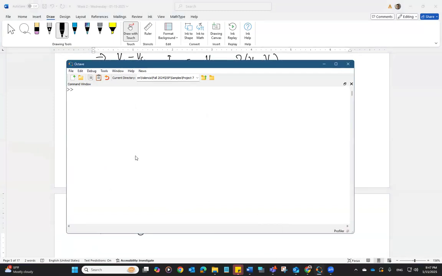Let's assign the values of each component. V1 is 25, R1 is 10, R2 is 4, I2 is 20 milliampere, R3 is 2, and R4 is 6. So we have all these values.